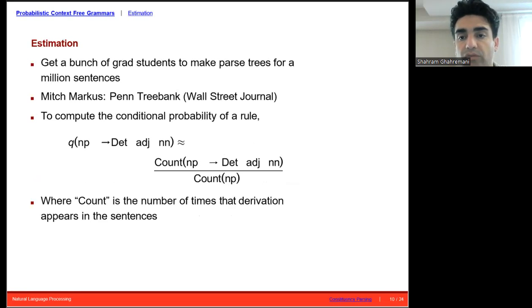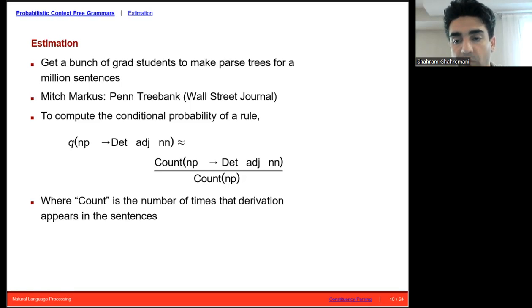So, how do you estimate a probabilistic context-free grammar from data? Typically, the answer is to get a bunch of sentences and parses, and most famously, this was done by Mitch Marcus, who parsed 1,000,000 sentences from the Wall Street Journal, and these require fairly sophisticated annotators. So, for example, linguistics grad students. But once you have a bunch of parse trees, it becomes fairly easy to compute the conditional probability of a rule.